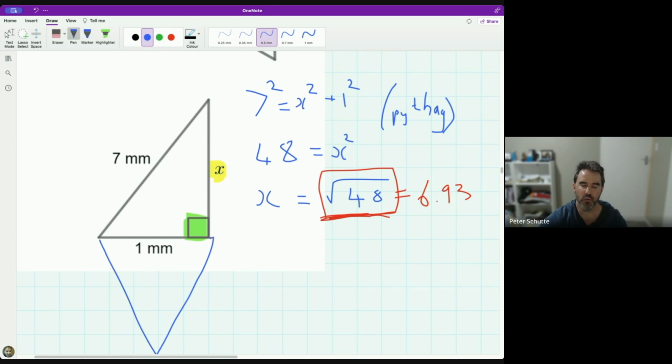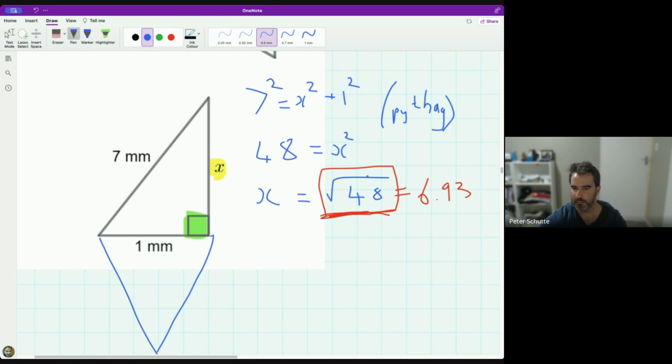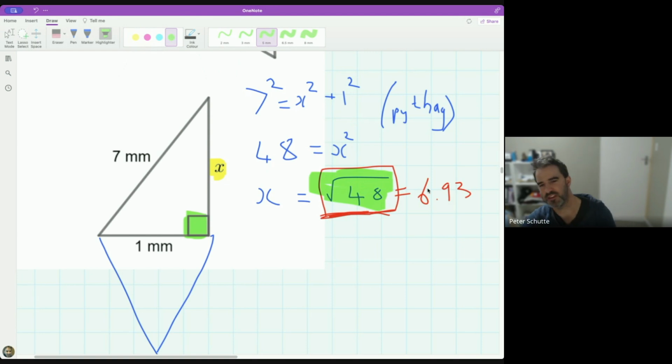And if you want to reuse that, it's much easier if you just leave it in that form. Give me a thumbs up if you understand what I mean by leaving it in this form so that when you use it later in the calculation, it's quick and easy to retype. Does that make sense? Because a lot of people type decimals, then it gets super long, but just leave it like that, and then it's easy to type in your calculator.